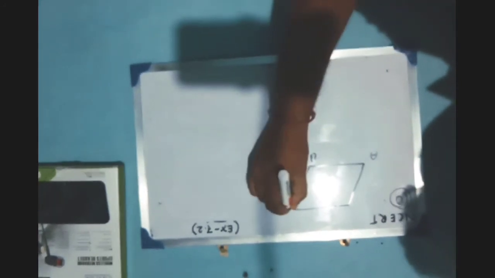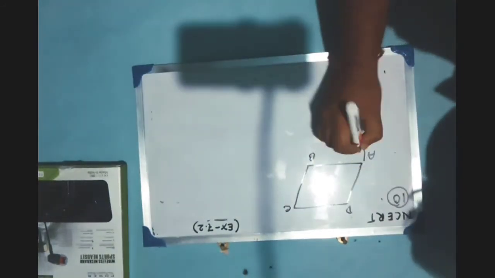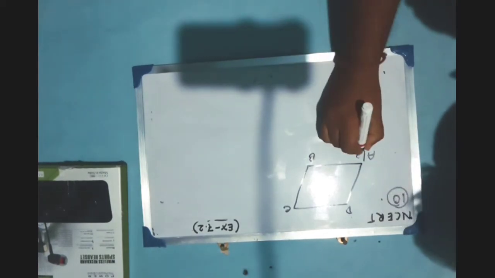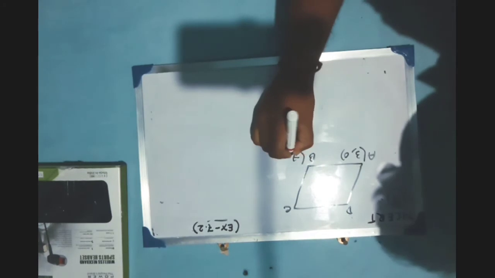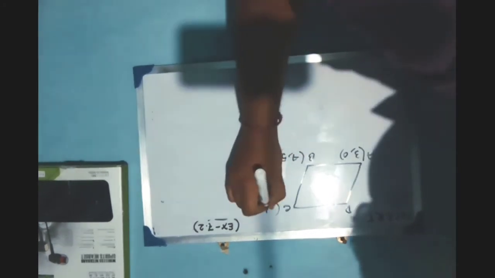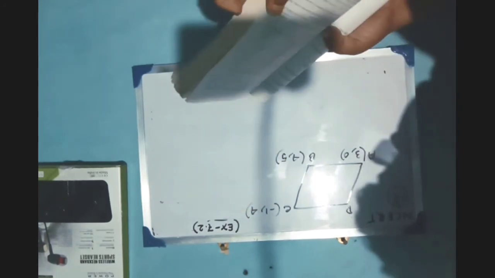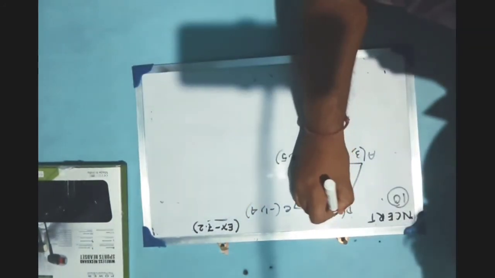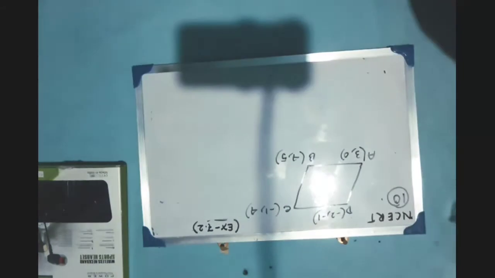I'm taking this as a rhombus, and the vertices are A, B, C, D. A is 3, 0, B is 4, 5, C is minus 1, 4, and D is minus 2, minus 1.